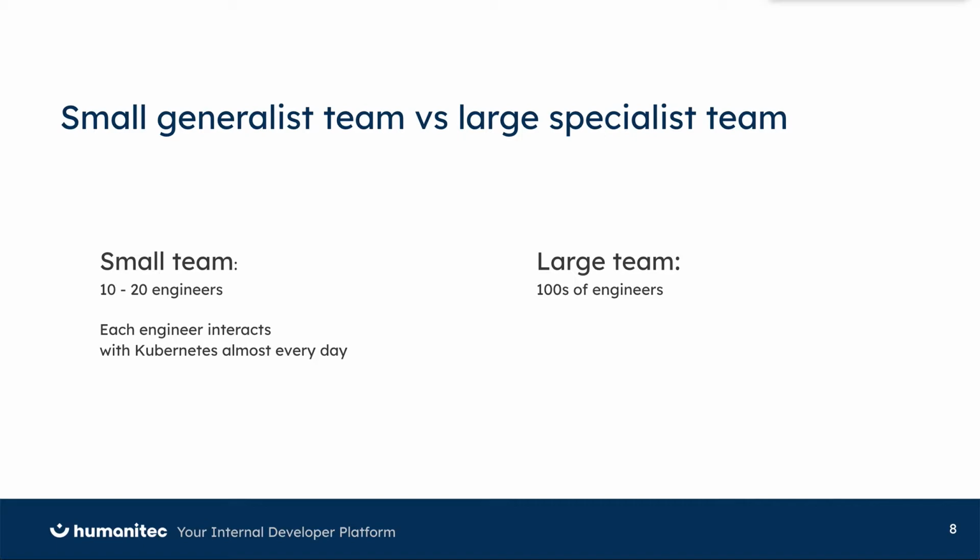Now, if we switch over, large teams tend to have a load of specialists in them. So everyone isn't a generalist here. Maybe you have a load of data engineers, maybe you have some specialist people dealing with special types of databases, maybe you have your enterprise Java people, and these are people who don't necessarily know anything about Kubernetes and actually may not want to spend time learning and getting familiar with the details of Kubernetes.